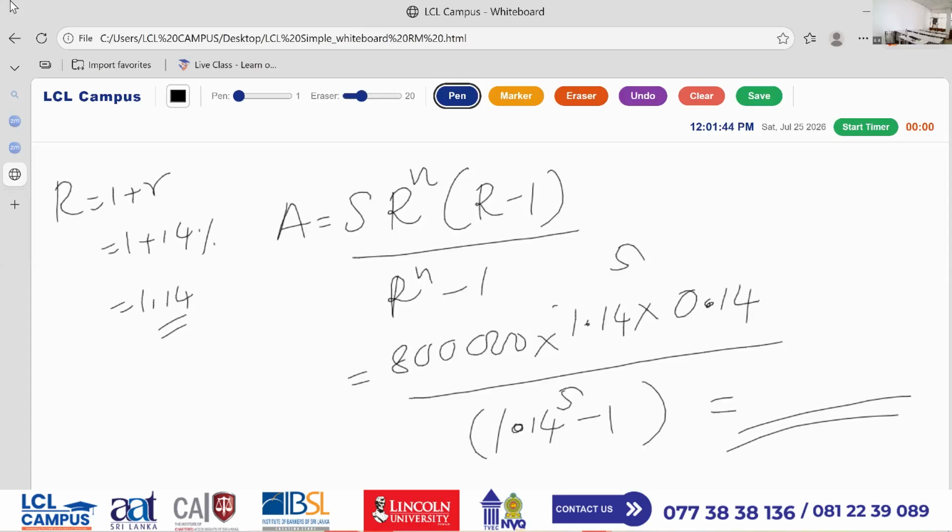If you don't use the bracket it's wrong. Equals 233 point something coming. What's the answer? 233.